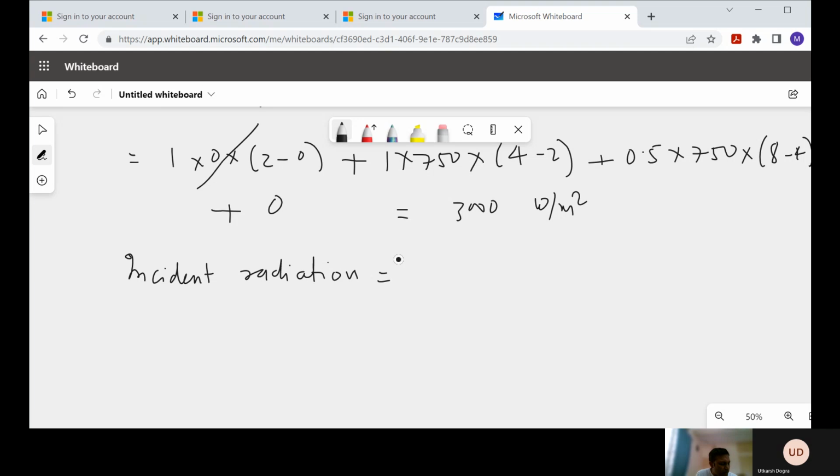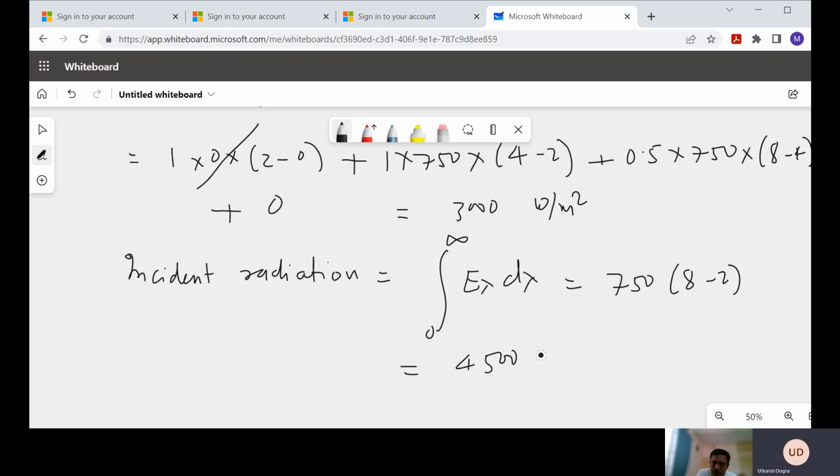Incident radiation in this case will be given by what? So incident radiation, we just calculate this, 0 to infinity E lambda d lambda, isn't it? That's what we have to calculate. So that comes around 750 into 8 minus 2, correct? So this comes around 4500 watt per meter square.